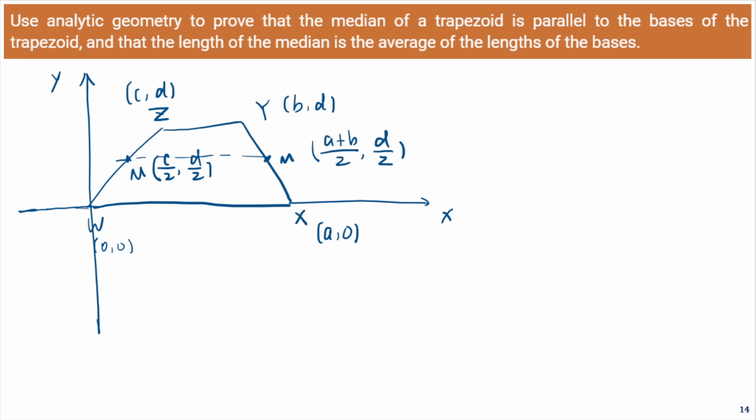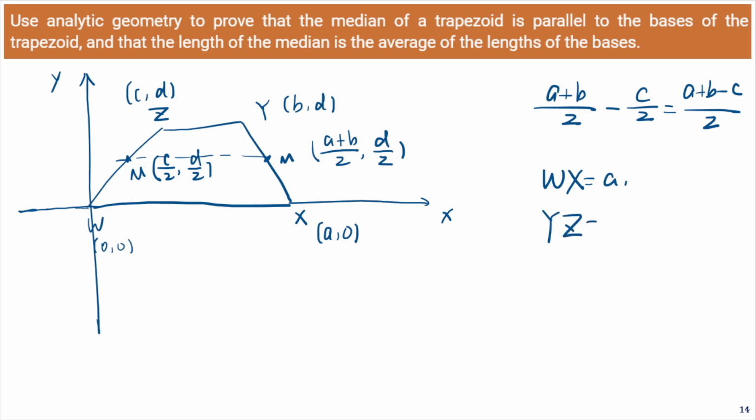We can also use the coordinates of the midpoints of the legs to determine that the length of the median is (a+b)/2 minus c/2, which is (a+b−c)/2, right? The lengths of the bases are WX equals a and YZ equals b minus c.